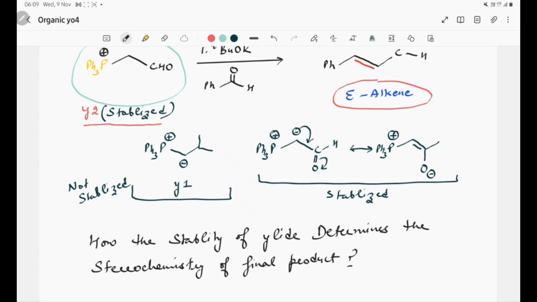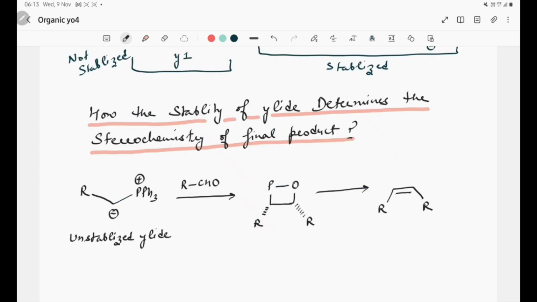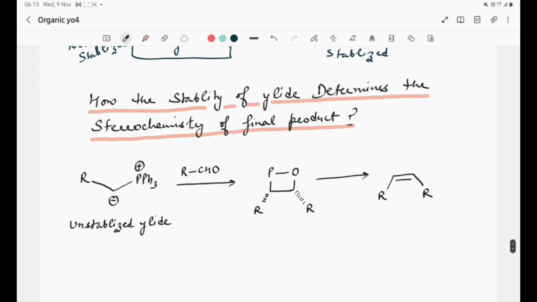So why is stabilized forming E alkene and unstabilized forming Z alkene? The answer is that whenever an unstabilized ylide adds to the aldehyde, the formation of oxaphosphetane is irreversible and it is always kinetically controlled.